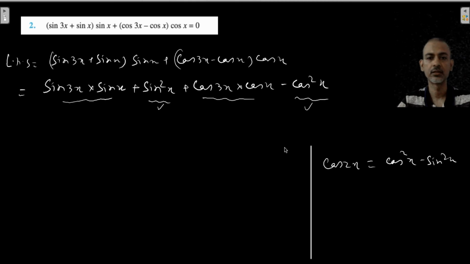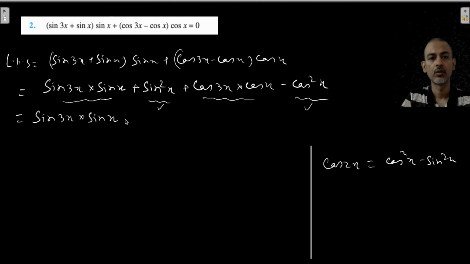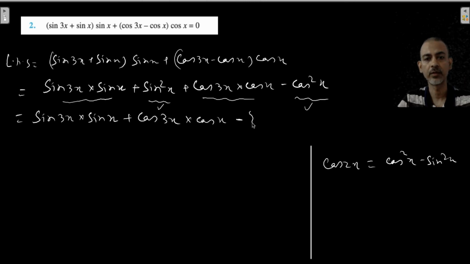So this is looking like that. So let's club other things together. So we have sin 3x into sin x plus cos 3x into cos x, and if I take minus common, this will become cos square x minus sin square x. Alright.